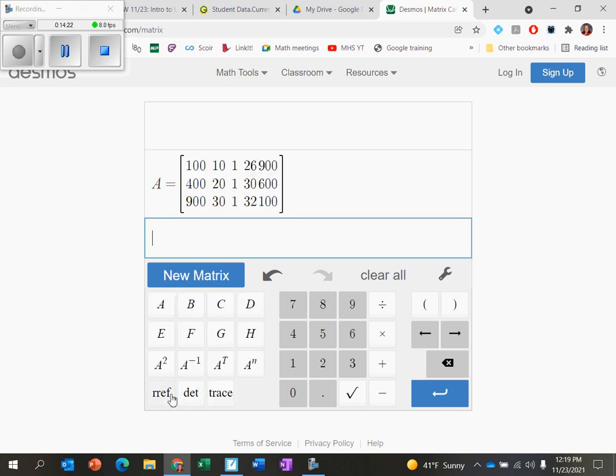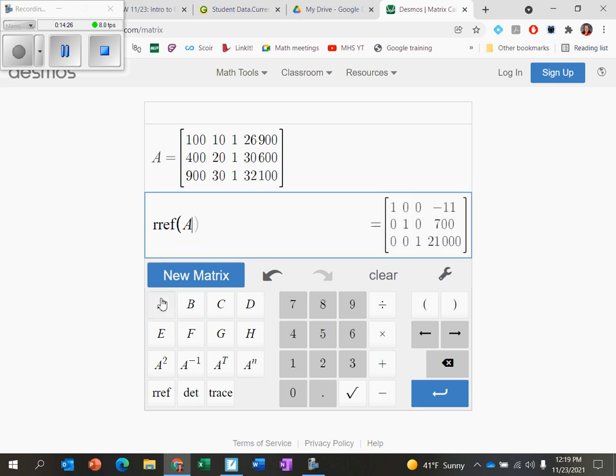And remember, reduced row echelon form is the RREF. This was called matrix A. So here are my 3 values, -11, 700, and 21,000. So that means when I write my new equation, this is the A value, this is the B value, and this is the C value.